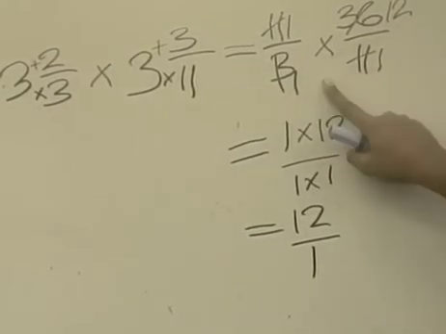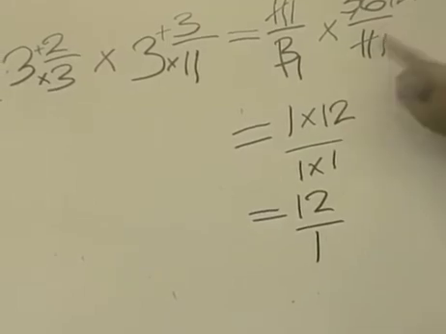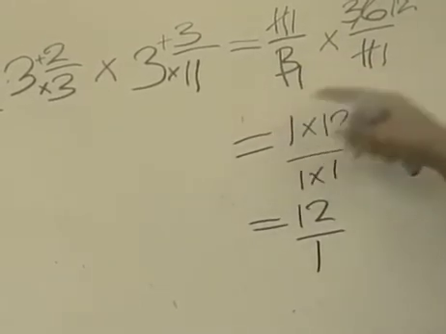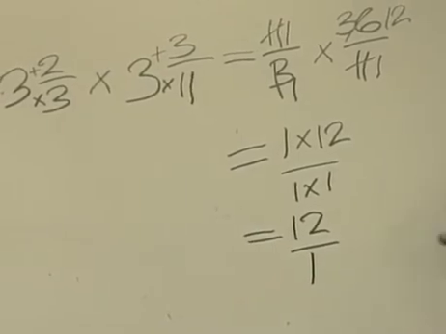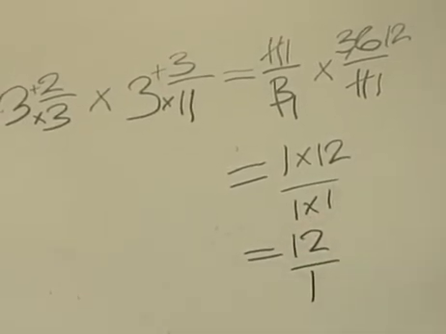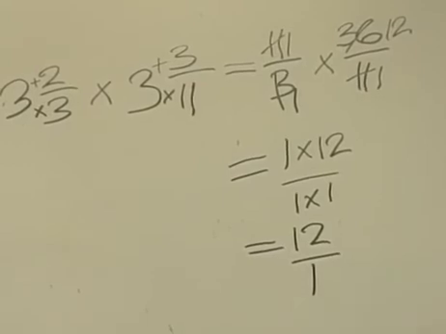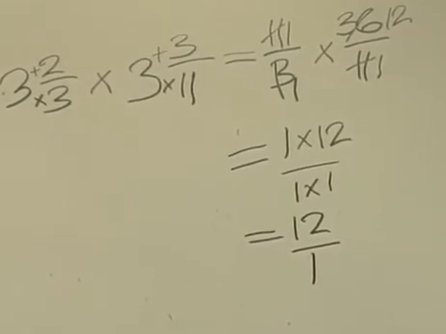So 3 into 3 is 1, and 3 into 36 is 12. And 11 into 11 is 1, and 11 into 11 is 1. So 1 times 12 is 12, and 1 times 1 is 1. So my answer is 12 whole. Okay, thank you, Natasha. All right, you others, I think you also have the same answer as Natasha. Yes? The same working out as she has.